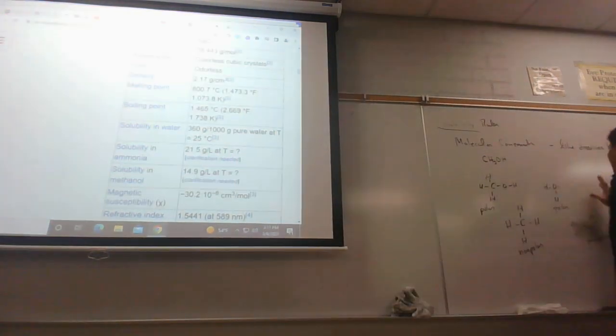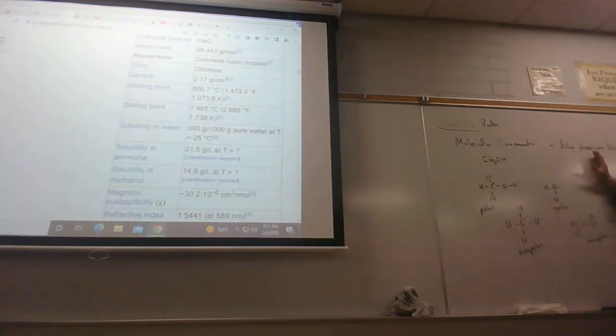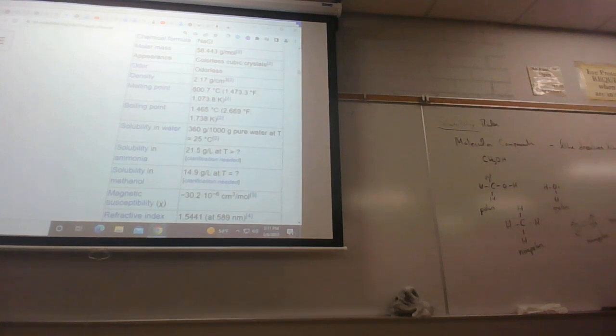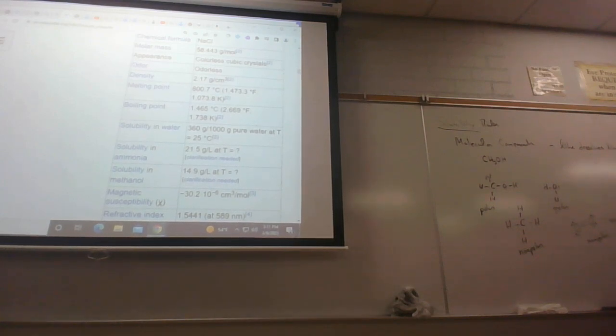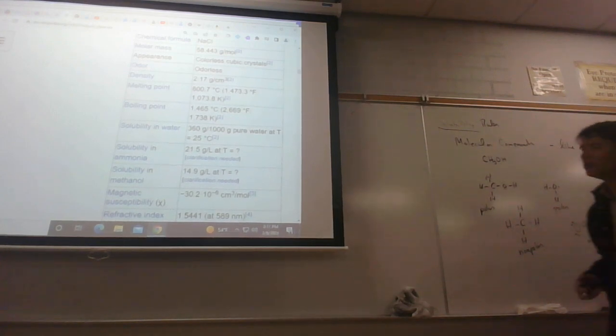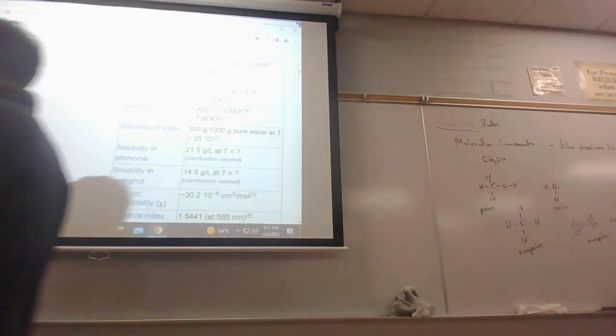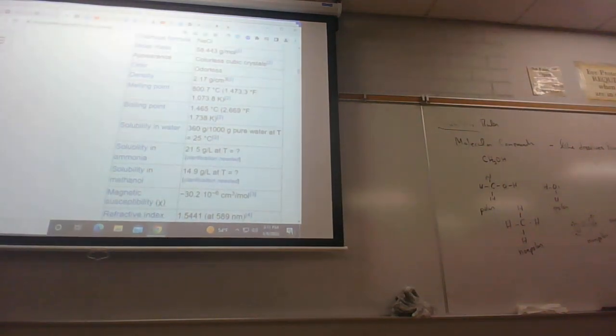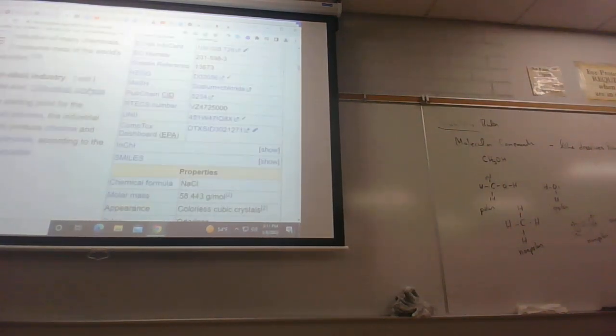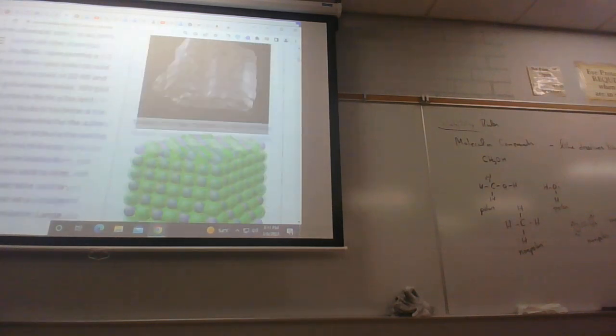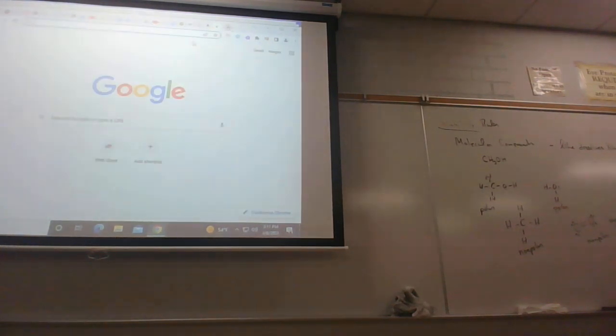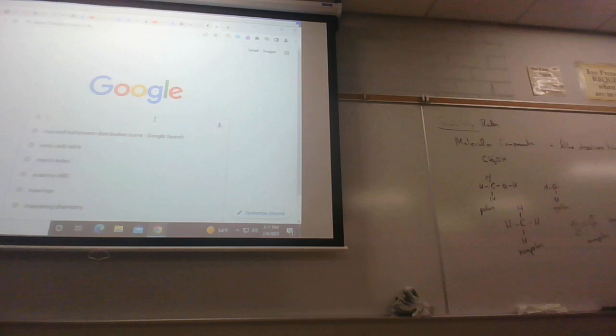Well, sodium chloride is not a molecular compound, so we would not use this rule. Instead, for ionic compounds, what is the rule? So we said oxygen's insoluble, but what is the solubility of oxygen in water? Well, it's insoluble, but we want the quantitative solubility. So what we could do is we could just look it up on Wikipedia and see.